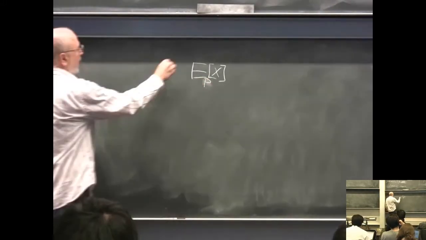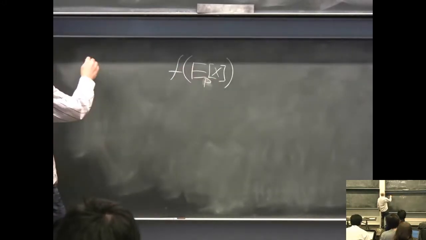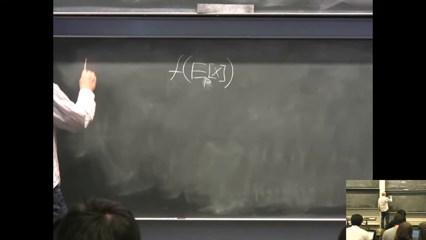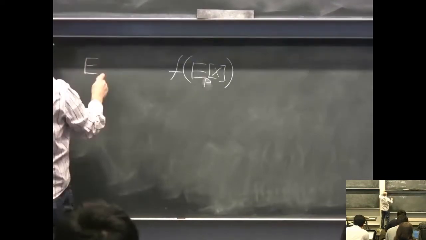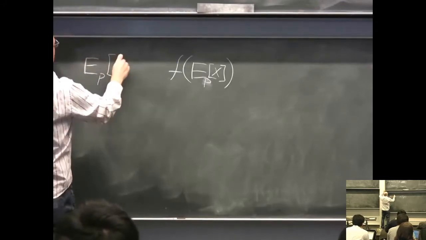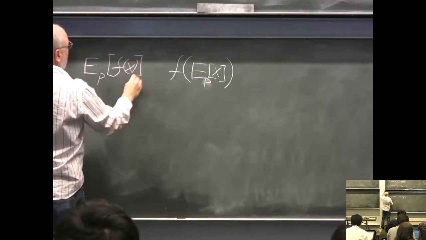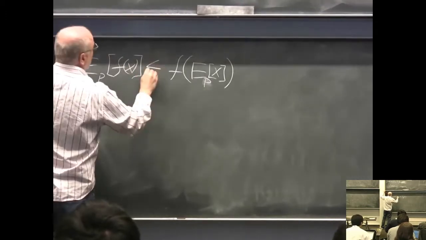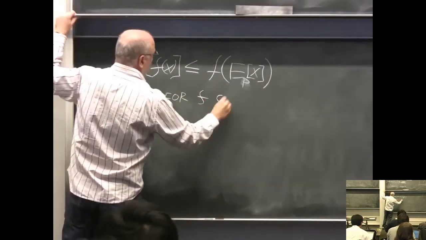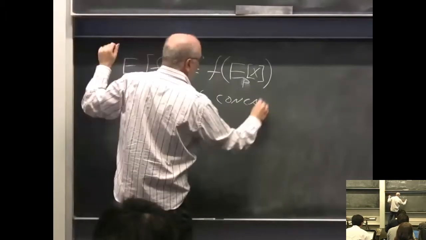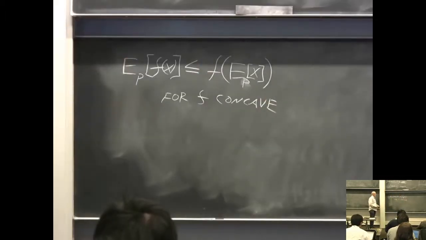And then I apply f to it. And here I take the expectation under this distribution P of f of x. And this is less than or equal for f concave. This is Jensen's inequality.